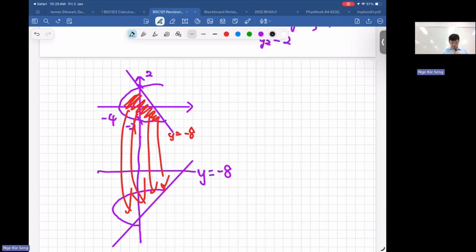So maybe I use a black color. So how does your cylinder look? Your cylinder maybe looks something like this. And then maybe let's draw a cylinder around here.